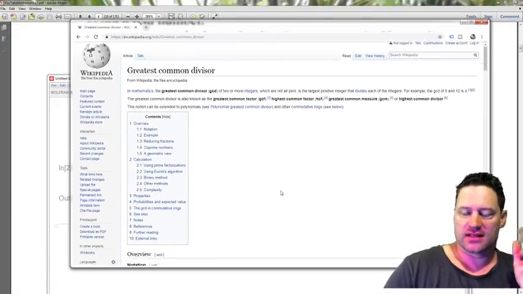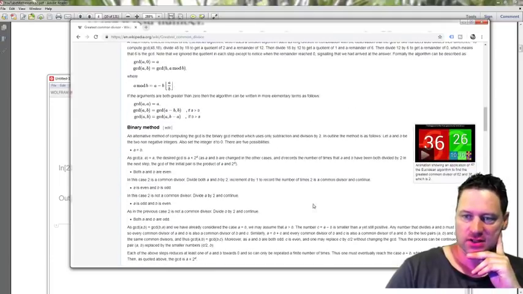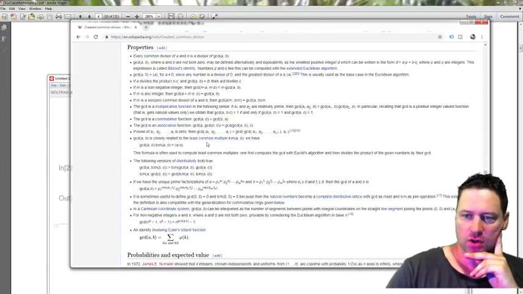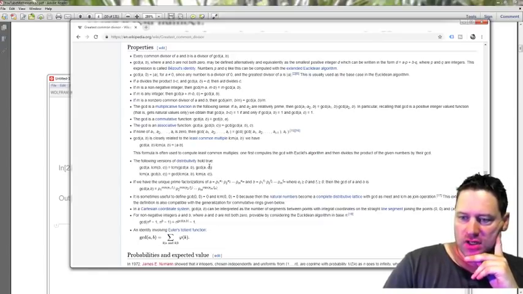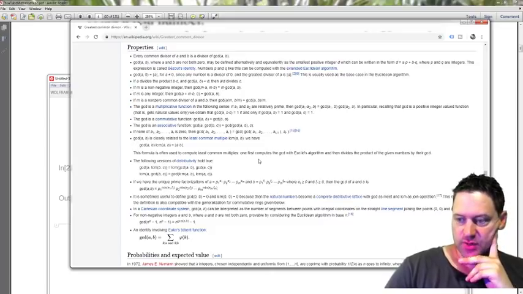It'll tell me the exact relationship. I probably need to scroll down to the properties. Here we see some properties of the GCD, but there are probably quite a lot more. This is a little small, you can't see it, but what I'm looking for is a relationship between the products.